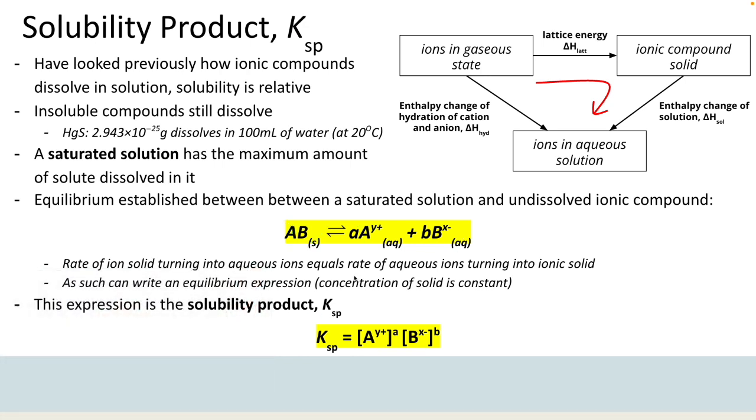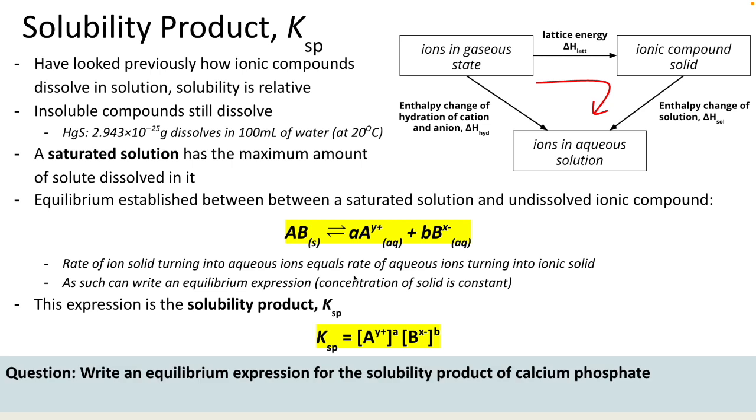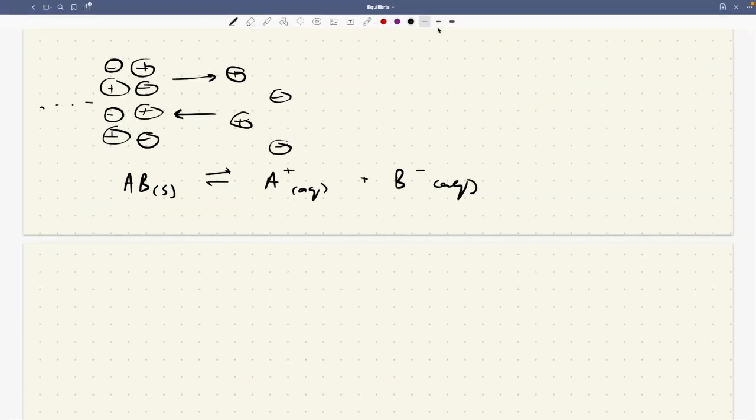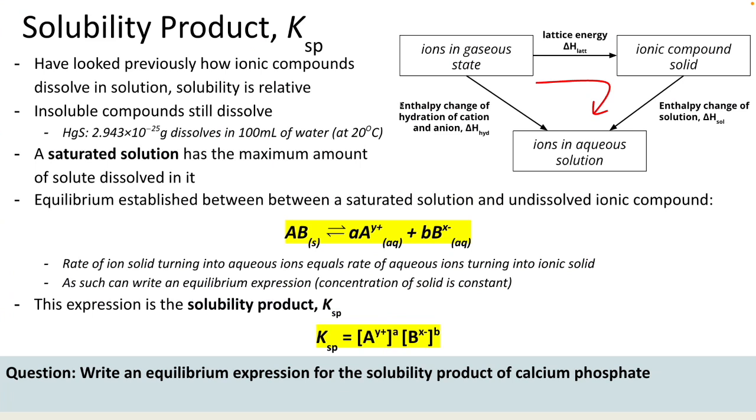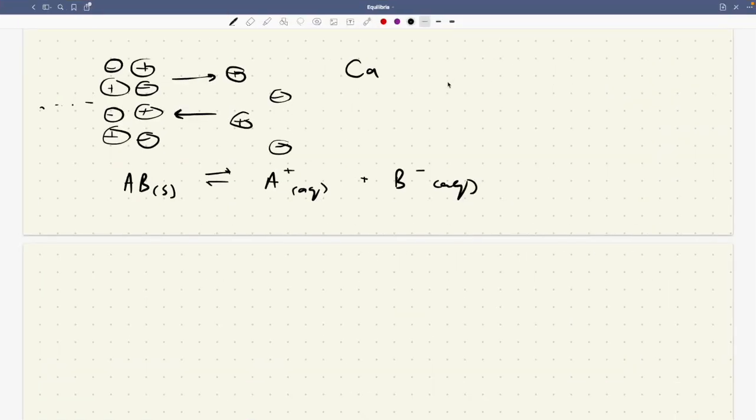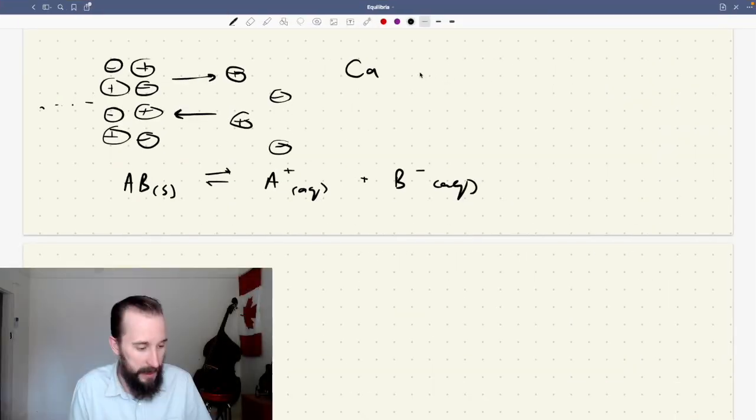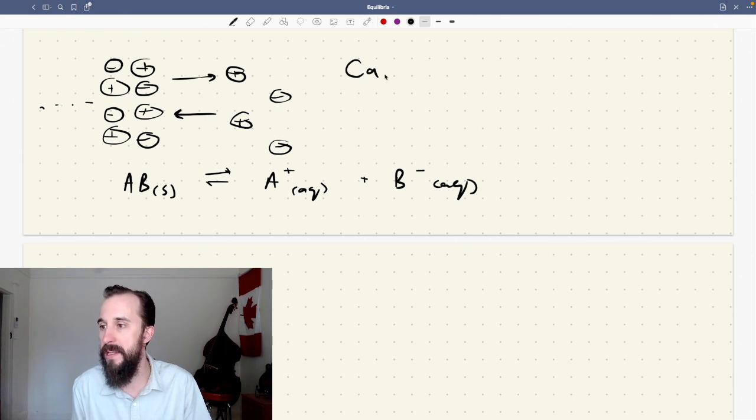So, for example, what would an equilibrium expression for calcium phosphate look like? If that's one you want to have a go at, feel free to give it a pause. But we can consider our equilibrium up here for calcium phosphate. Calcium's a 2+ ion, and we're going to have our phosphate as a 3- ion.